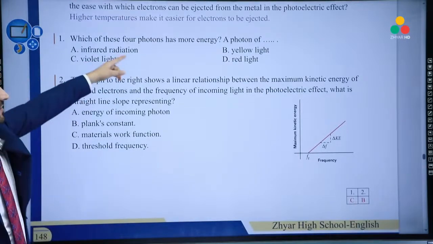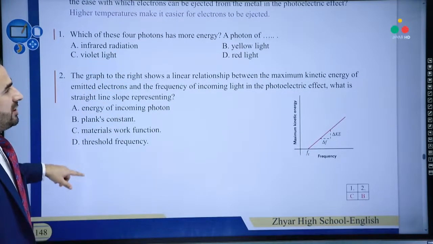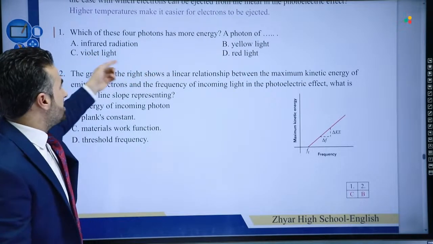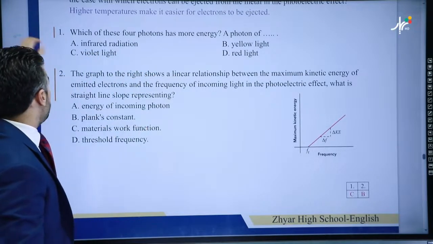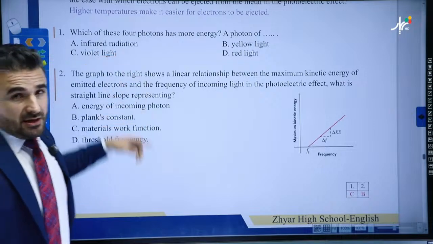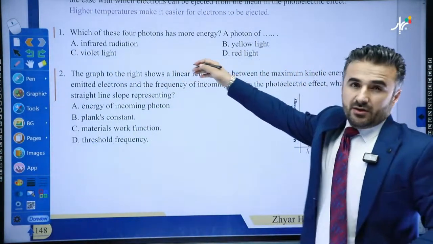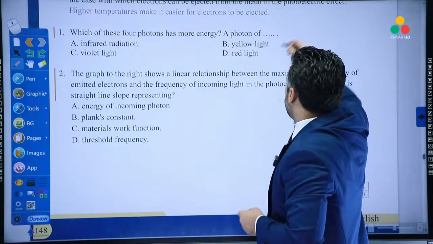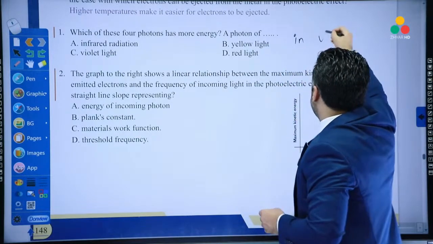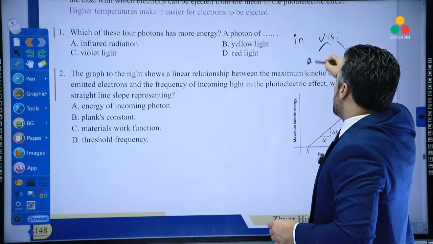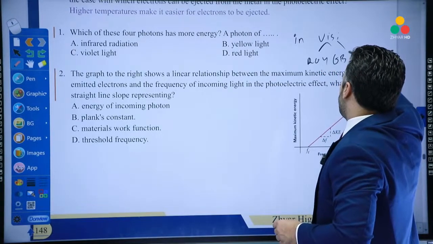So it says, which one of these four photons has more energy? A photon of infrared radiation, yellow light, violet light, or red light? Yeah? So take a look here. We have infrared radiation, that is one of the electromagnetic waves, and of course we have a visible color spectrum. So we have infrared, that is before the visible light, right? In visible light, we have ROY G BIV, yeah.